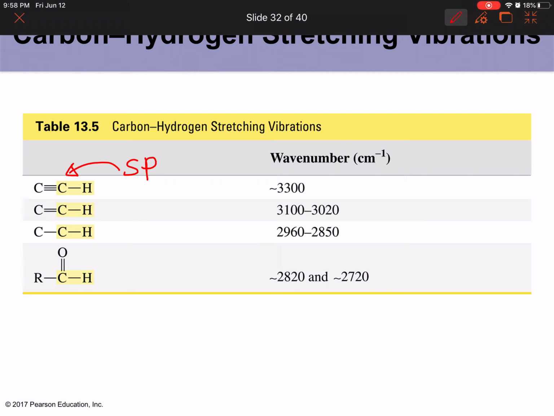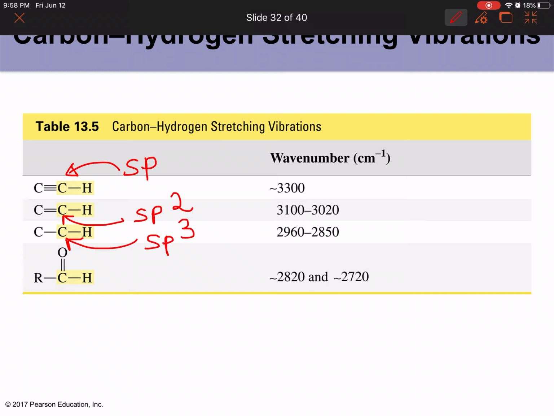And then when the hydrogen is attached to a carbon-carbon double bond, this carbon, it's not showing the other hydrogen or the other group on that carbon, but it's a double bond, so that is an sp2 carbon. And then this carbon right there is an sp3 carbon.